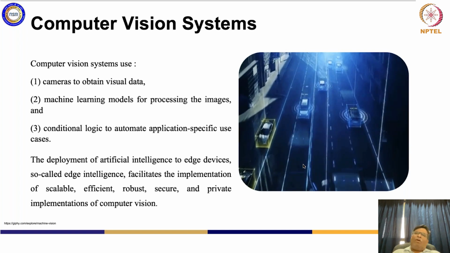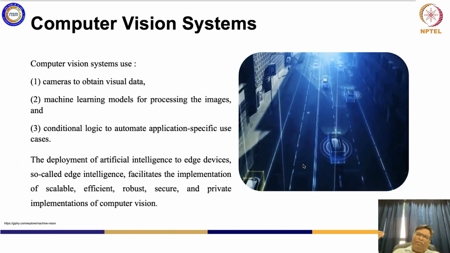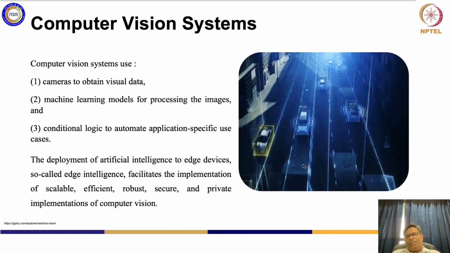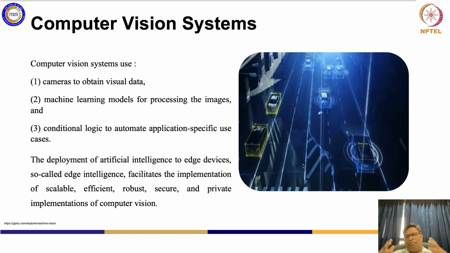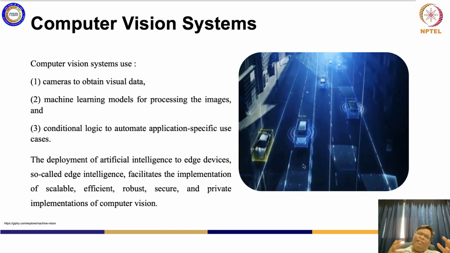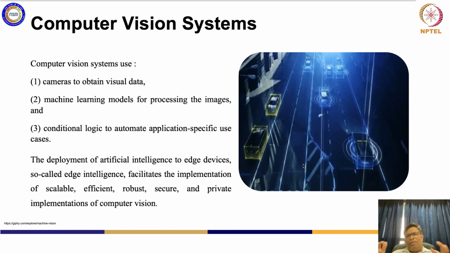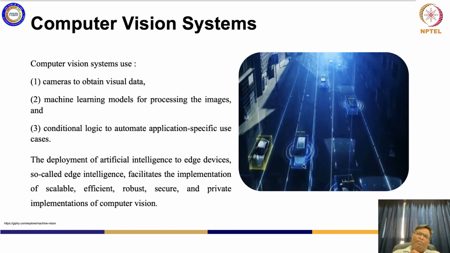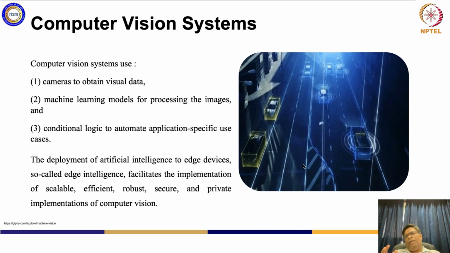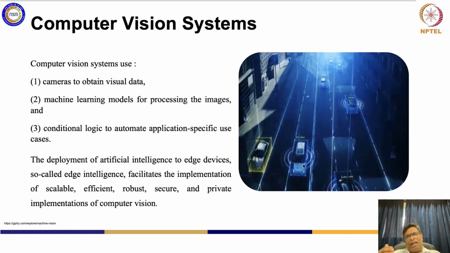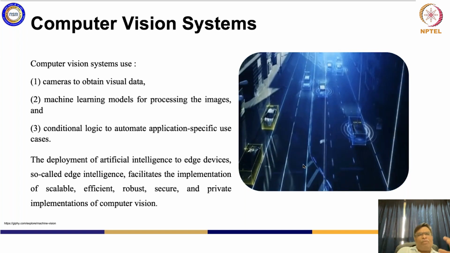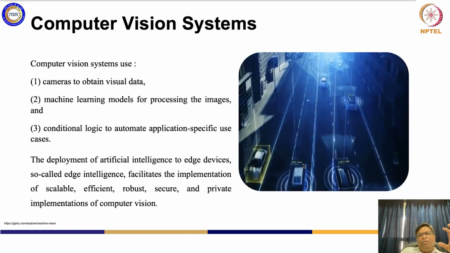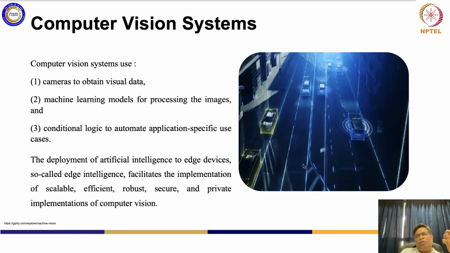It has got communications and information exchange, so you have software defined networks, 5G, all of this connected. But the basic idea is that we are trying to concentrate on imaging applications at present. And computer vision systems, for that matter, would be using cameras to obtain the visual data.